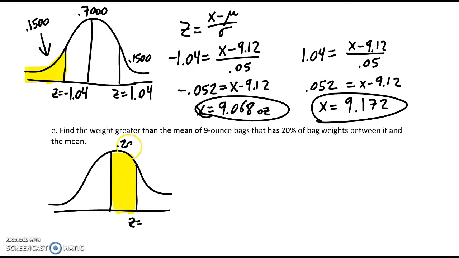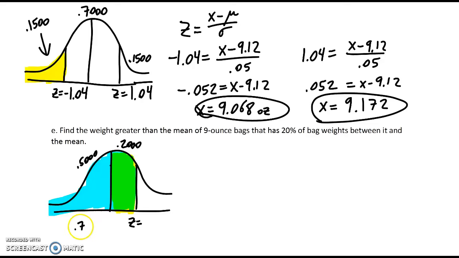Alright. Again, the magic question of the day is, forget that 20%. What matters more is what's the percent that lies entirely below that z value. And the answer, it turns out to be, is actually 70%, because there's 50% to the left of the mean, right? For a total of 70% left of z.